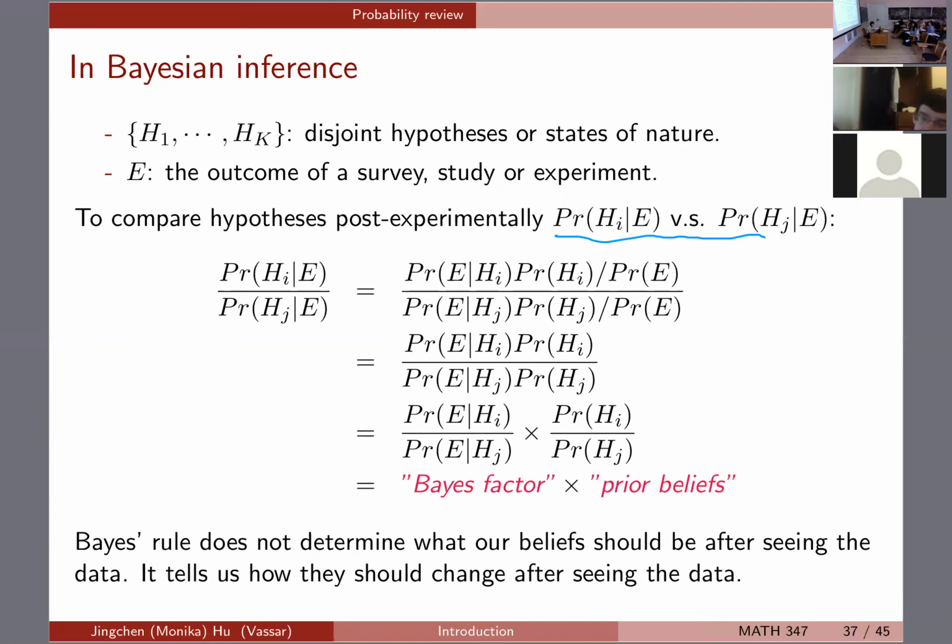If you derive it step by step, this is the posterior probability of hypothesis I over the posterior probability of hypothesis J. You realize that this ratio is the product of two ratios. The first ratio is the ratio of the likelihood of the data given the two hypotheses.